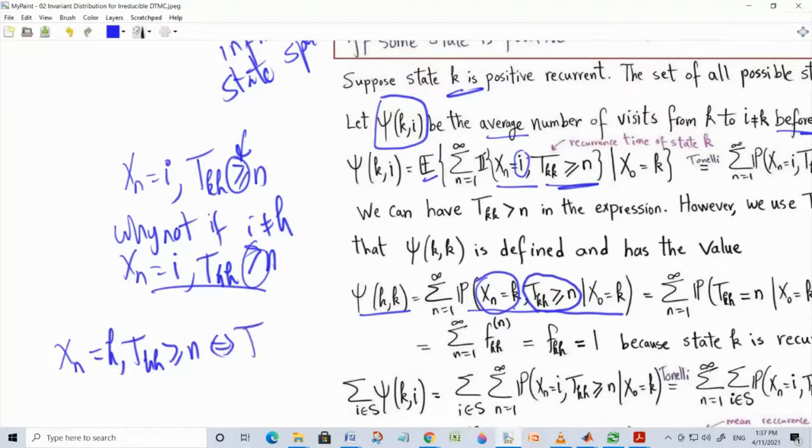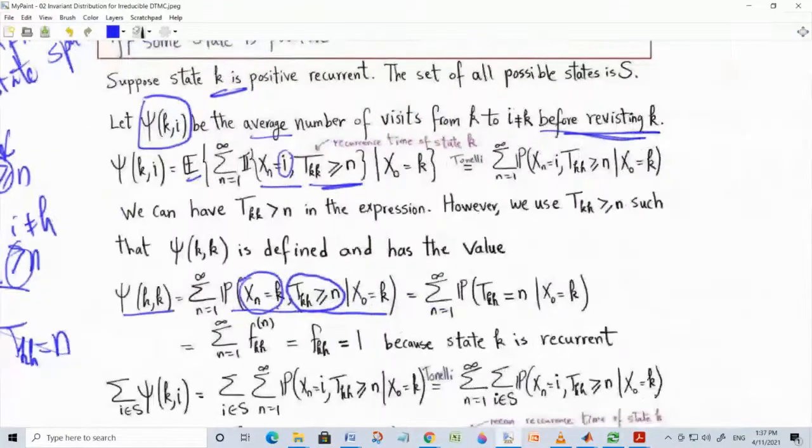It means that tkk is equal to n. We say that tkk is greater than or equal to n, but x of n is equal to k, so you enter into k again for the first time after initialization at time instant n. So actually tkk is equal to n. So this is the probability that tkk is equal to n.